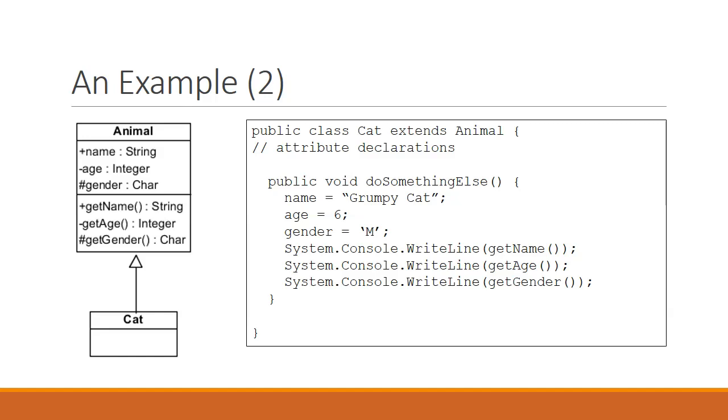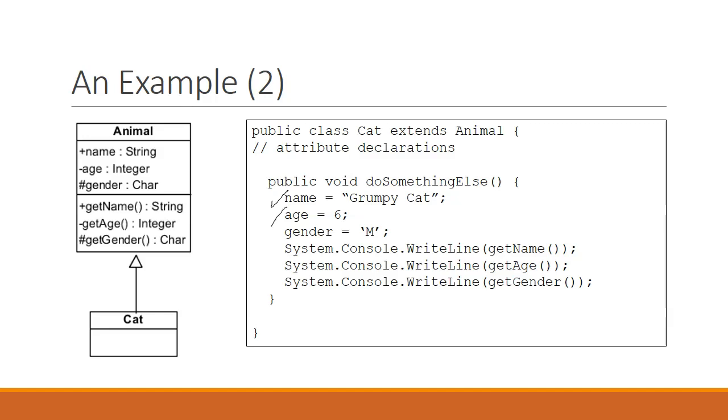Well, let's see. In this line, name equals grumpy cat, we are trying to access a public attribute. As we know, a public attribute can be accessed by any object, so this line does compile. However, the age attribute is declared as private, and we know that private attributes may only be accessed directly by the class that declares it, not by its subclasses.